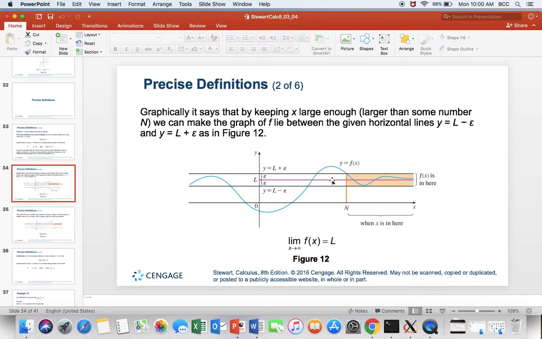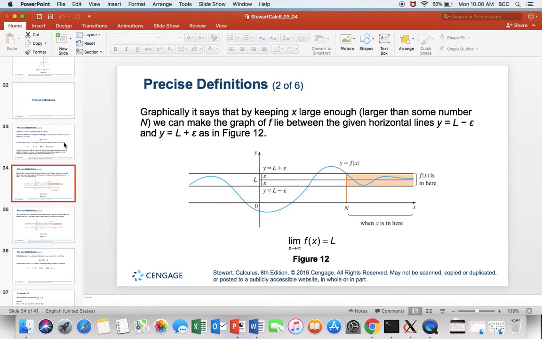Mathematically, you must say accurately what close means. Given any epsilon distance from L, if your x is greater than N, your graph falls within L plus epsilon, L minus epsilon. So that's the epsilon distance away from L.